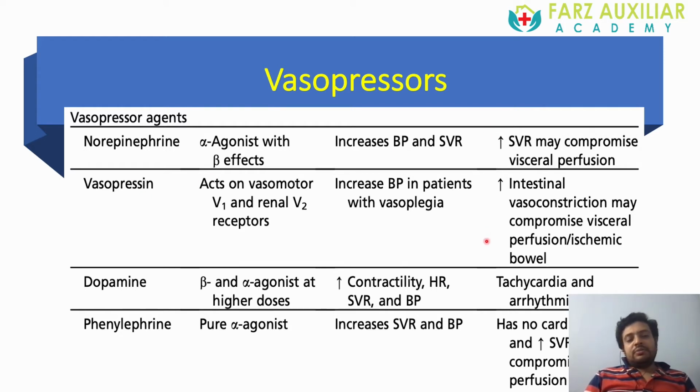Vasopressin, though a non-catecholamine vasopressor, which is the most important difference from all other vasopressors in clinical use, can cause to some extent intestinal vasoconstriction and may compromise visceral perfusion, and ischemic bowel is a concern in this patient. Phenylephrine can also be used, and remember, like vasopressin, though the mechanism of action is different, it also doesn't have any positive inotropic action.